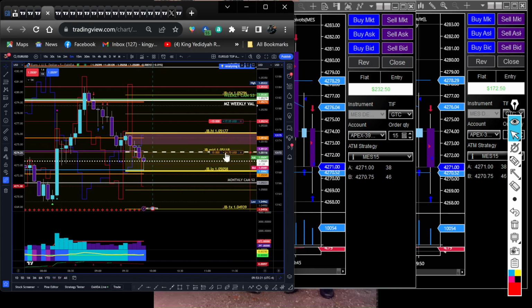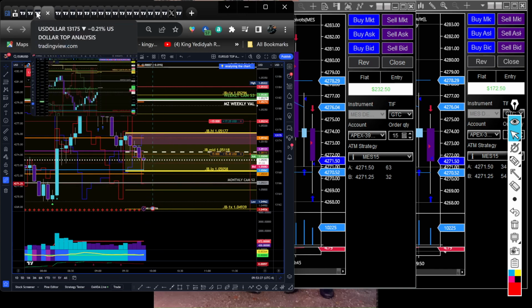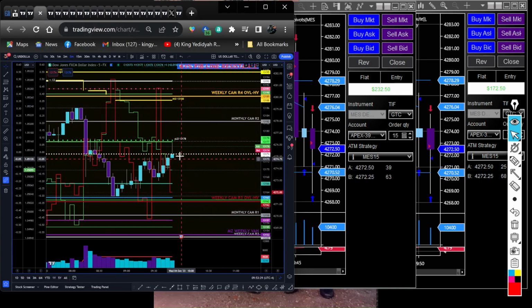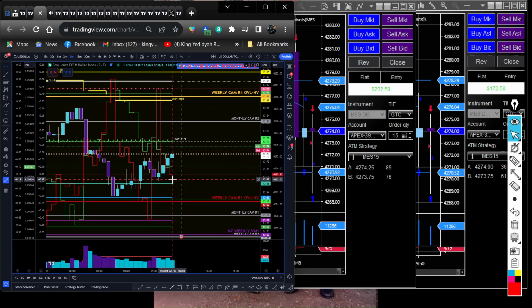Let me secure a little more here on Euro USD because I don't think the US dollar is going to push up from this point. I think it's going to reject over here, and I could probably start looking for a long back to the golden pivot zone on the ES.